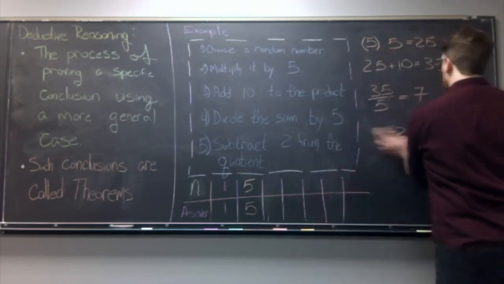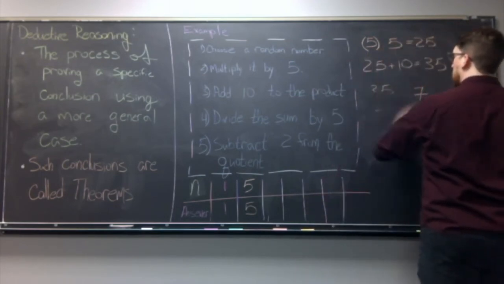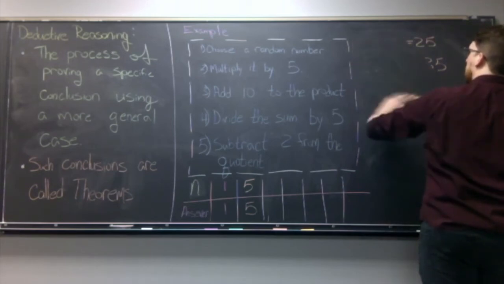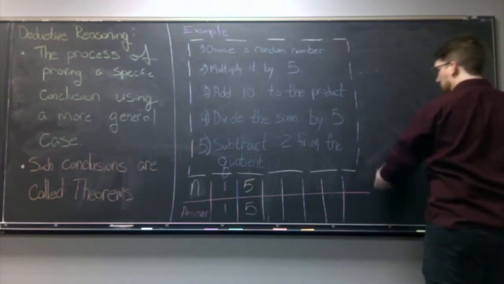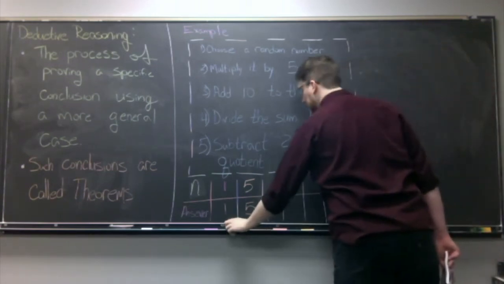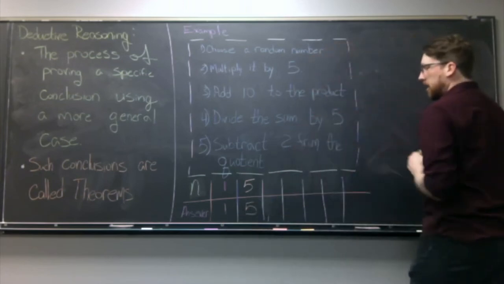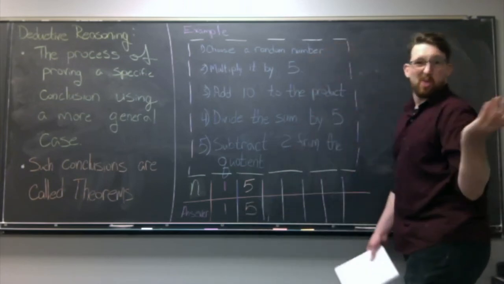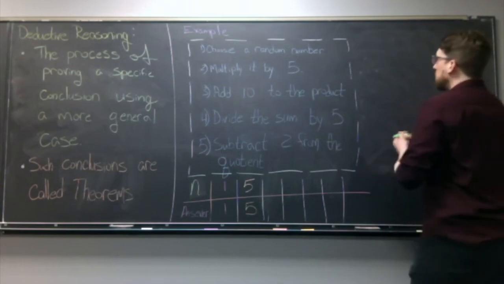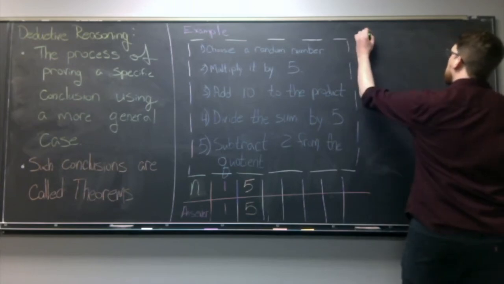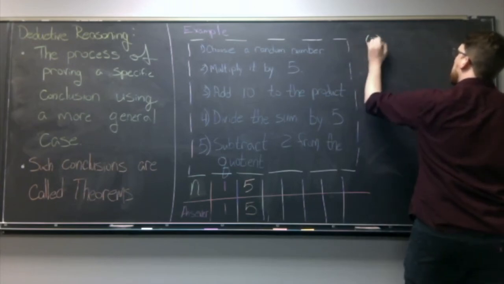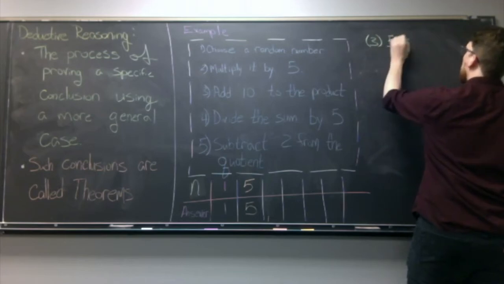Let's do this with one more value. This time, let's put in 3. So, start off with 3, multiply by 5, we're going to get 15.